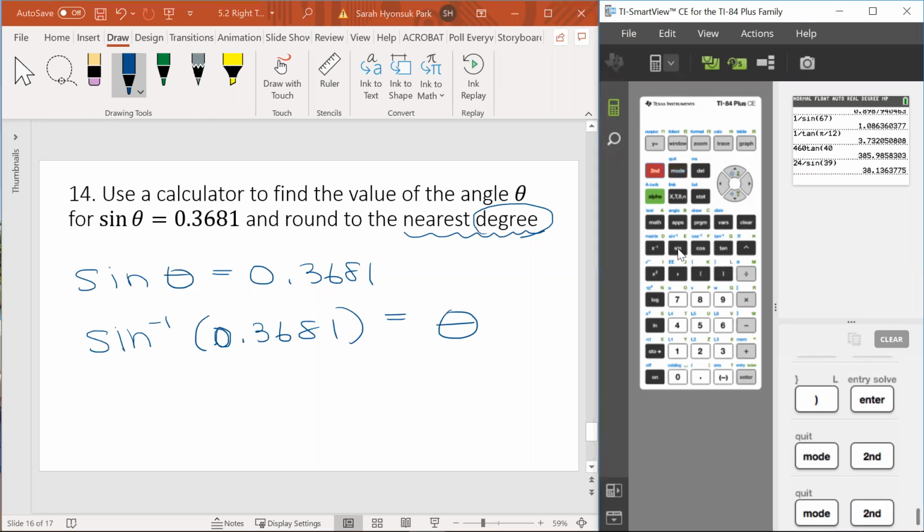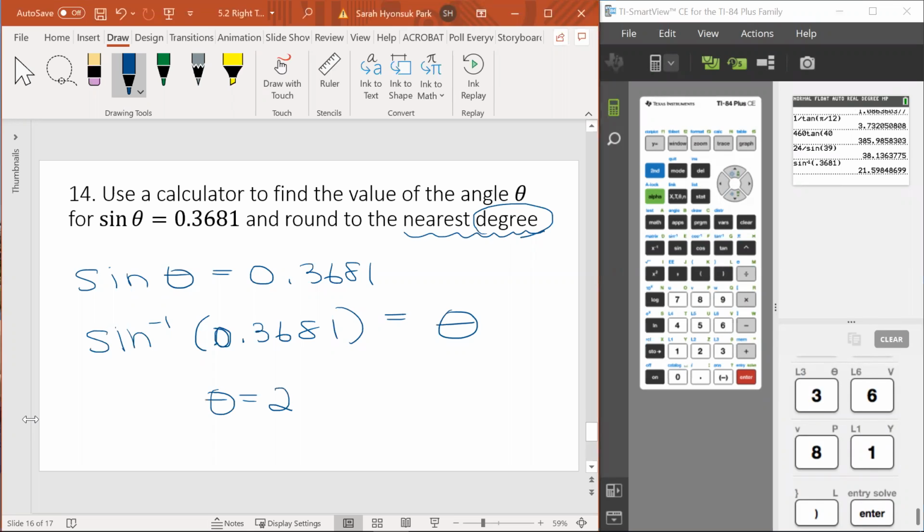You have to do second and then put 0.3681. And that will give you the angle measure. Nearest degree means nearest whole number, so 22 degrees. Okay, so if you're given the output like this and we're trying to find the angle, use the inverse sine function.